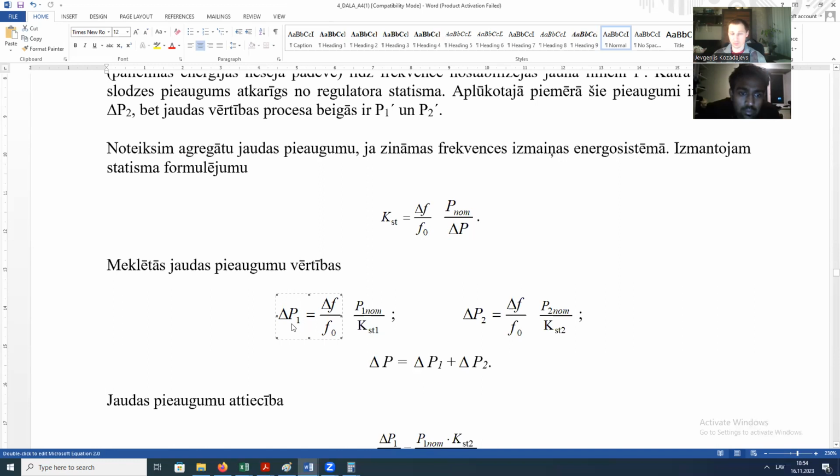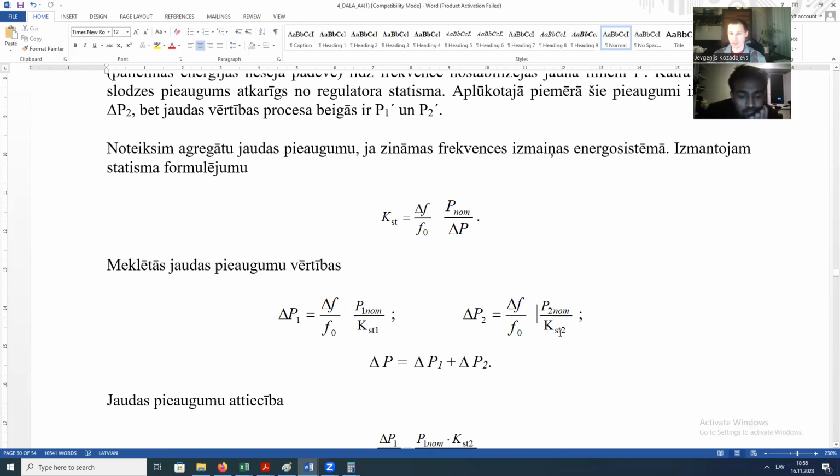So for the first one, we could write this delta P is equal to delta F divided by F basic, the base frequency, multiplied by this first generator power divided by its static coefficient.